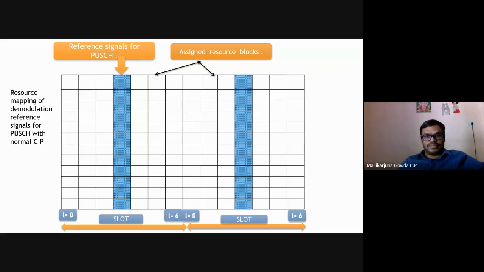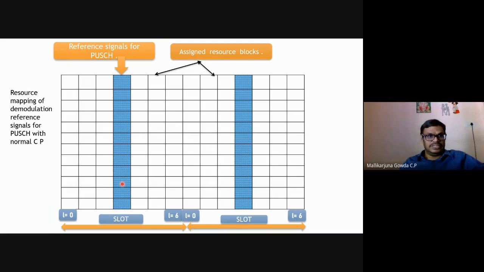Similarly, this is the next PRB. This is one resource block and this is another resource block. In that, as I said, l equal to 3 will be used for transmitting the reference signal for physical uplink shared channel.